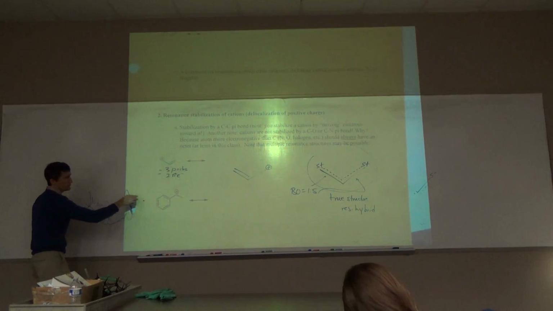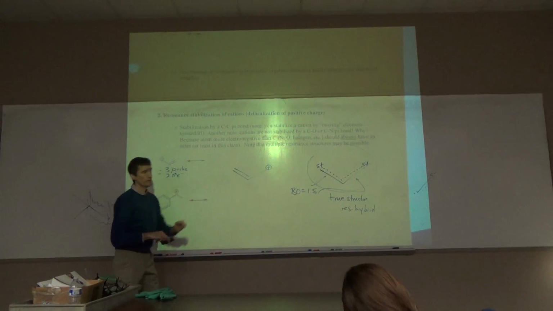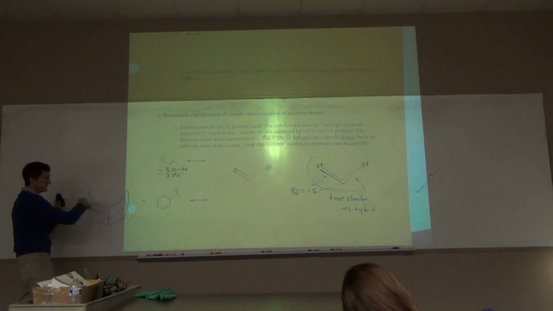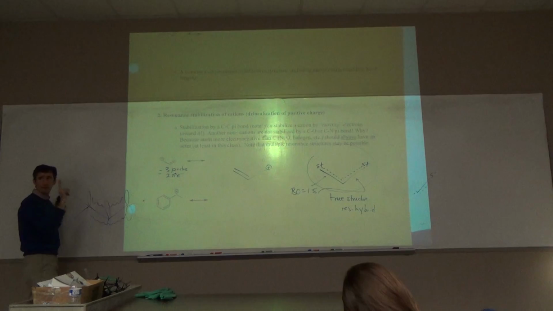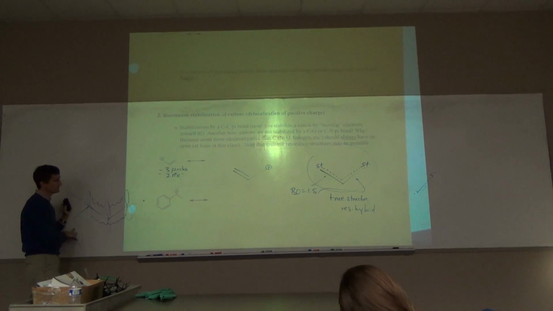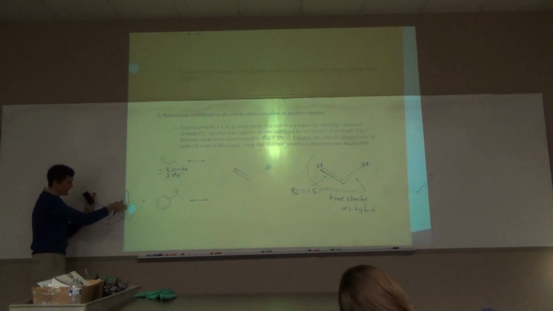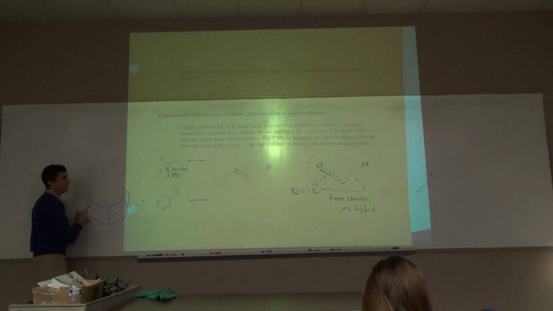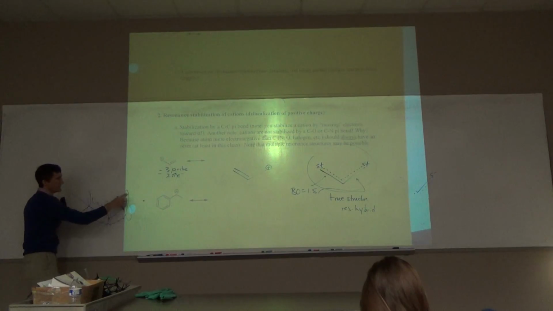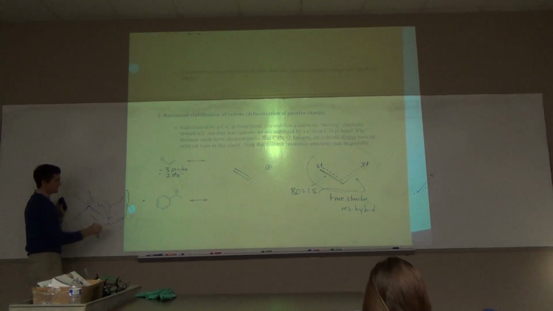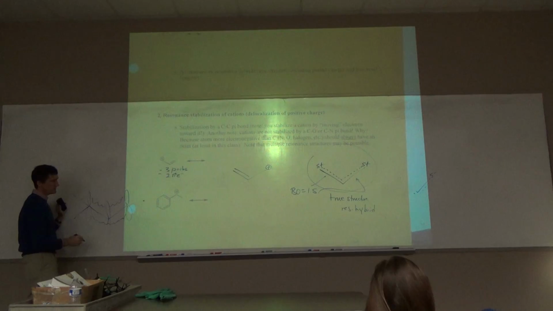How do we get to resonance structures? One way we theoretically could get there is take your original system. How many electrons do we have? 2. Put them in. I can put them here and here. That would make formally a pi bond here and leave this one empty. On the other hand, I could put maybe 2 here and leave that one empty.